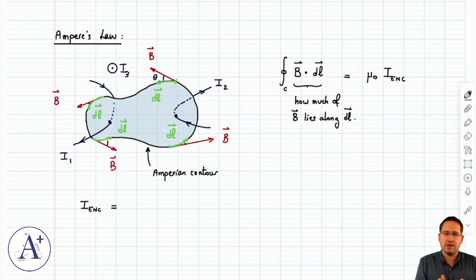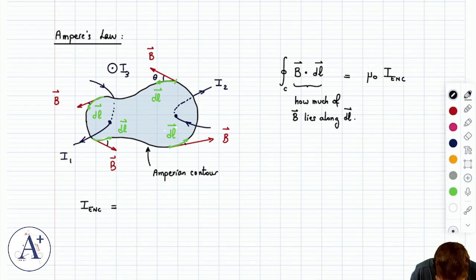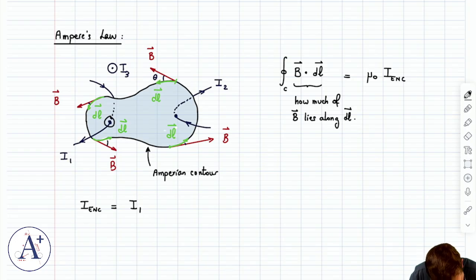In other words, if I claim that counterclockwise is positive for B, for field lines, then I have to match it with current coming out of the page is positive by the right-hand rule. So I encircled is going to be equal to, well, I1 is going to count positive because it comes out of the page through the surface, but then I2 is going to count negative because it goes into the page.